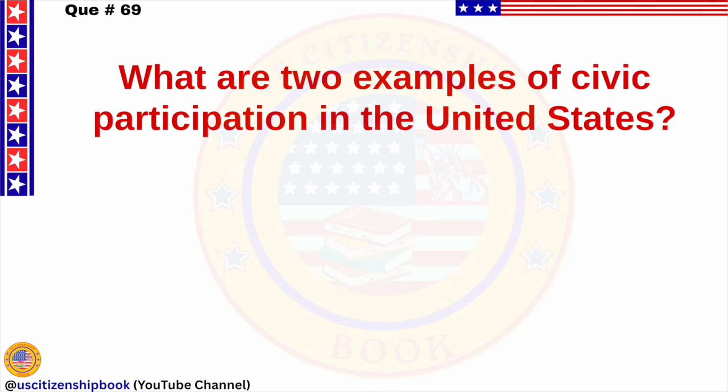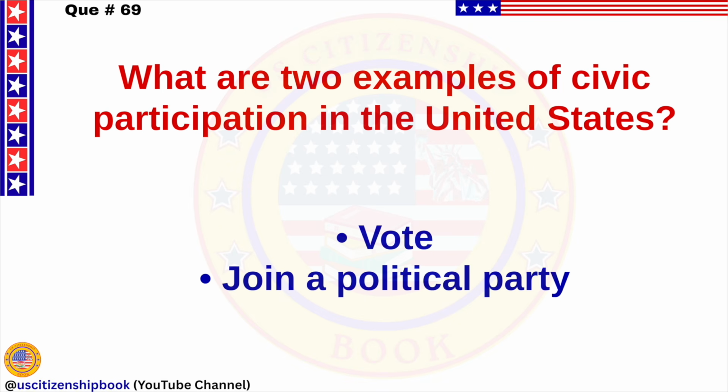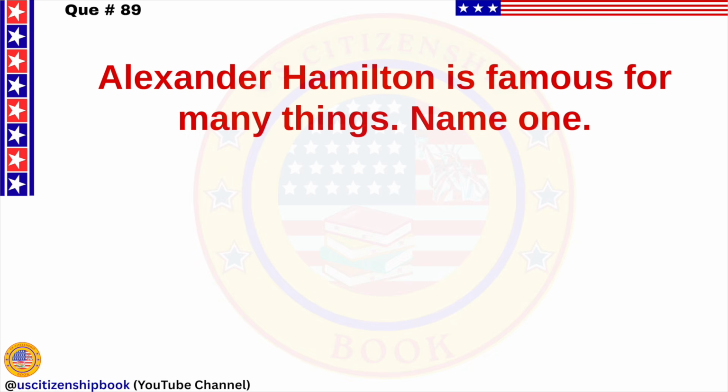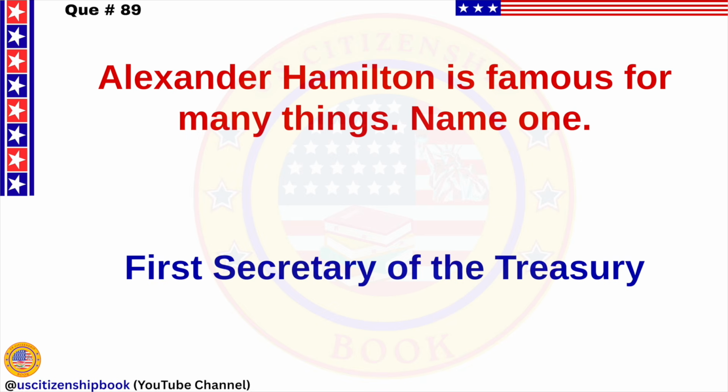What are 2 examples of civic participation in the United States? Vote. Join a political party. Alexander Hamilton is famous for many things. Name one. First Secretary of the Treasury.